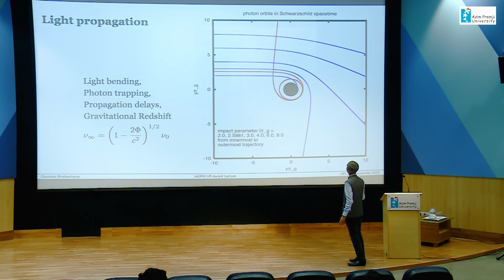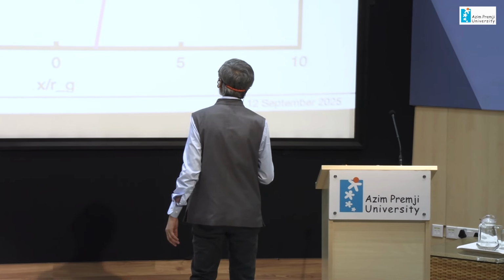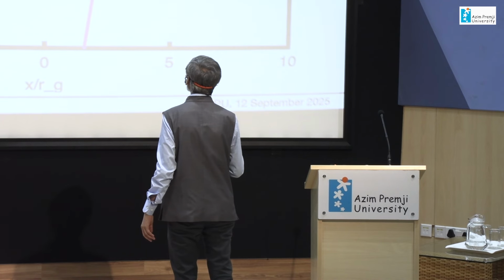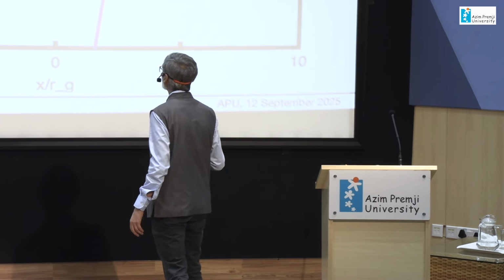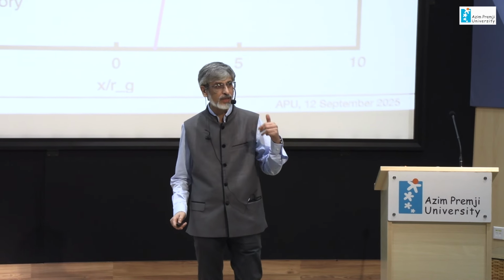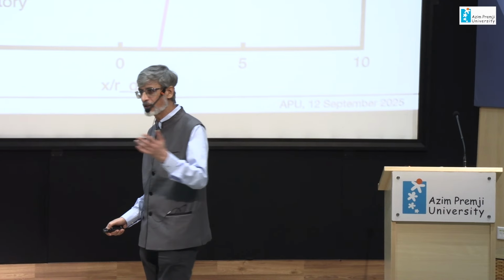You can see some of them bend quite a bit, go in completely different directions from which they came. Some will just fall in, no escape. And there is a specific trajectory which can get trapped over here. And that light trapping distance is at 1.5 times the horizon size, 3 times GM by c square.